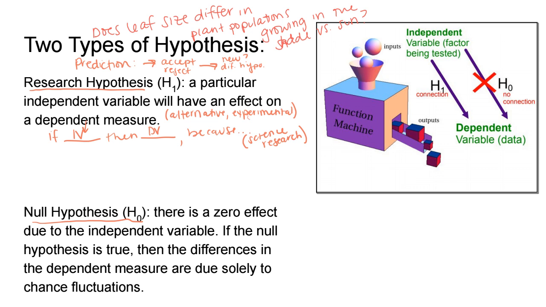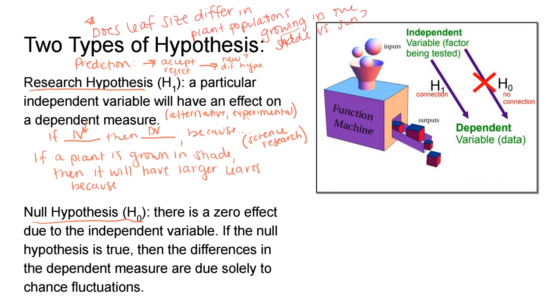If we take this question up here, does leaf size differ in plant populations growing in the shade versus sun? How do we turn that into a research hypothesis? If a plant is grown in shade, then it will have larger leaves because, and now this because part is not just a guess.